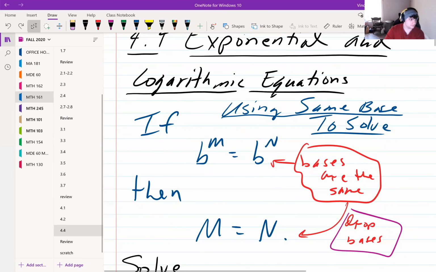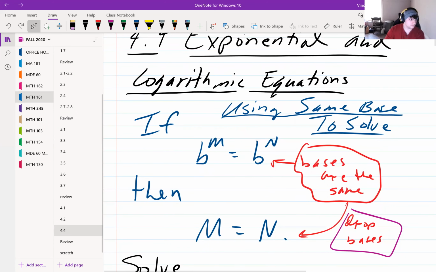So we have 2 to the 3x minus 8 equal to 16. We want access to this x here, and this whole thing right here is an exponent, so we don't really have access to the x. We need to figure out a way to get it down bottom. One way is to look at the 16 and ask, is there a way for me to rewrite 16 in terms of 2?